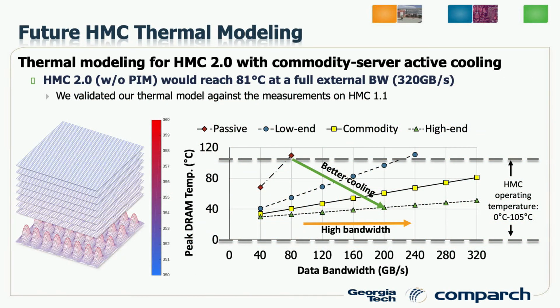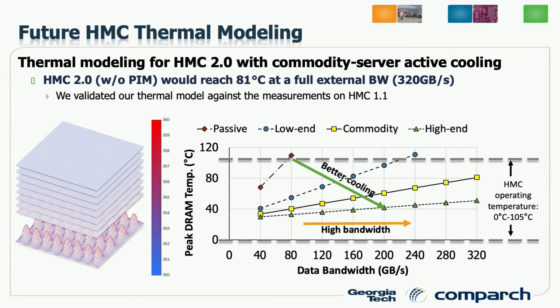And it's not only shutdowns. In these DRAMs, as you increase the temperature, the power consumptions are different, and there's an operating temperature range that can sustain this hardware. In the case of HMC, the operating temperature was 0 to 105.